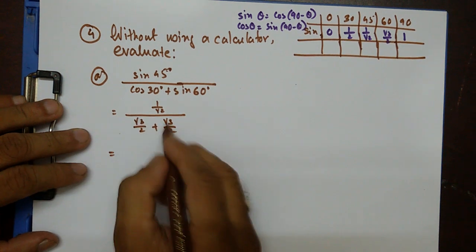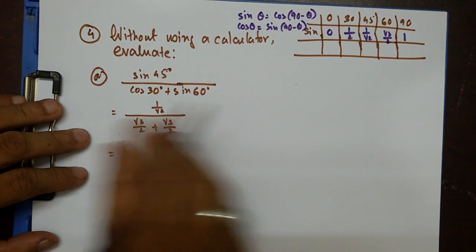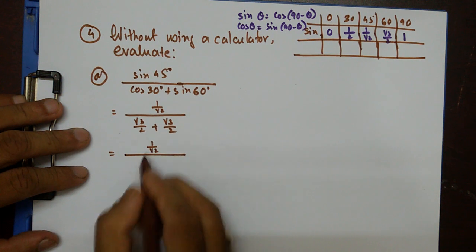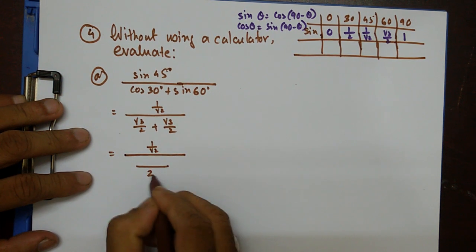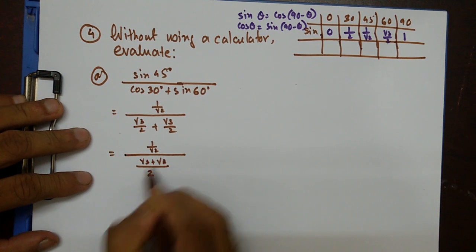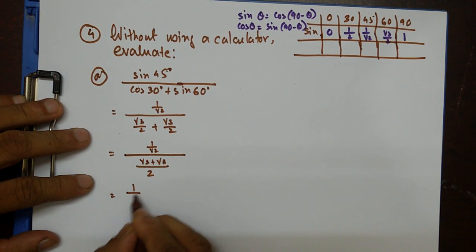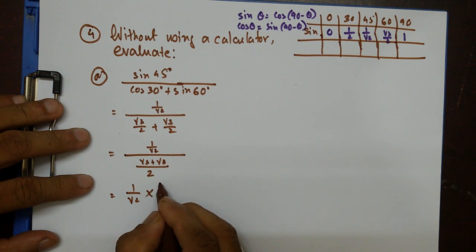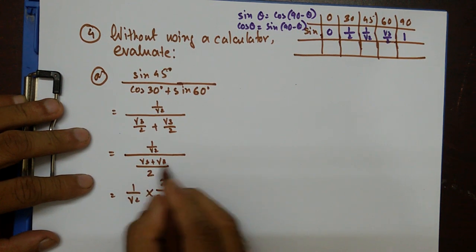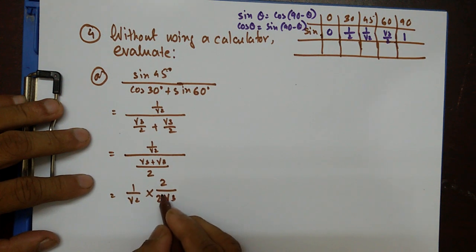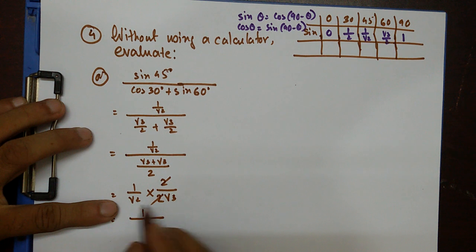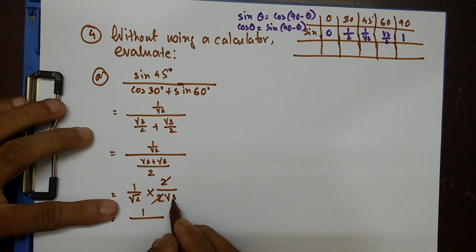Now simple fractional calculation. On the top I have 1 by root 2, and in the denominator I have 2, and this is root 3 plus root 3. So this is going to be 1 by root 2. This 2 will go on the top, and this is going to be 2 root 3, and this crosses out, and I end up with root 2 into square root 3.